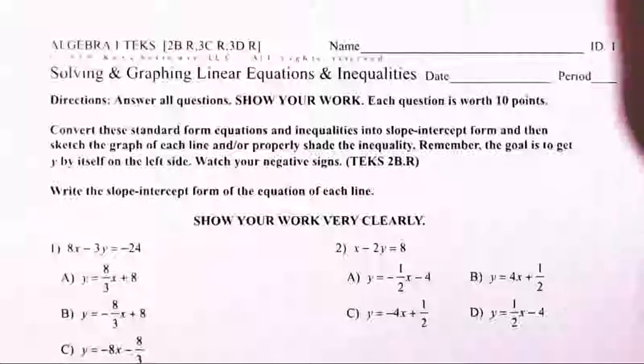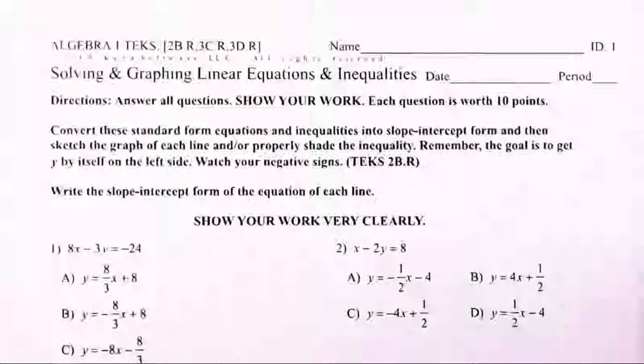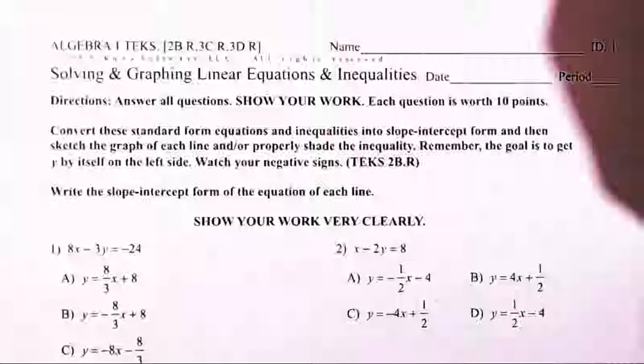The first problem given to us, number 1, is 8x minus 3y equals negative 24.